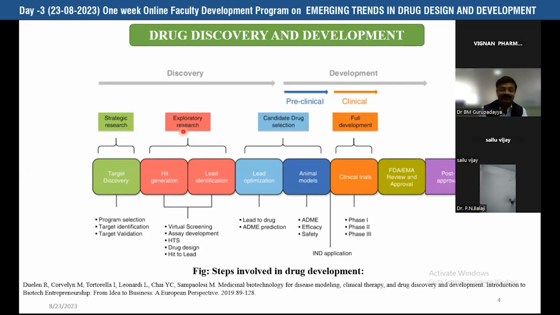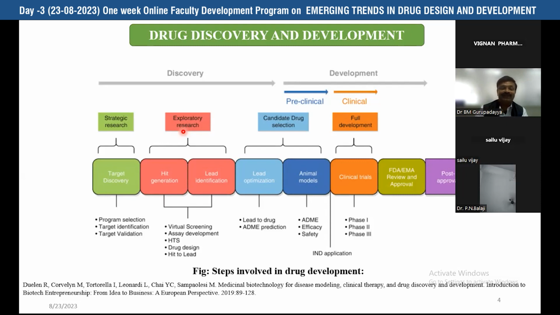That is the formation of the molecules at this stage. Then we come out with a better molecule, identify its facts, and arrive at lead identification.